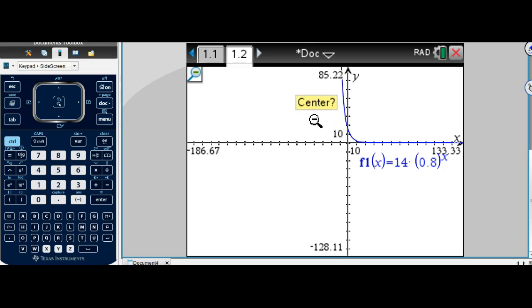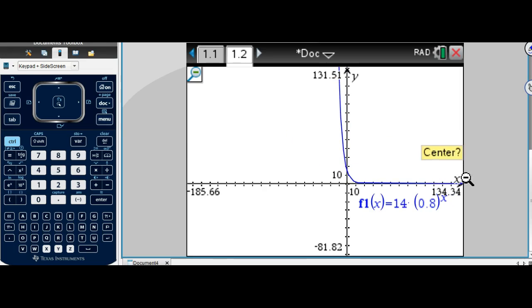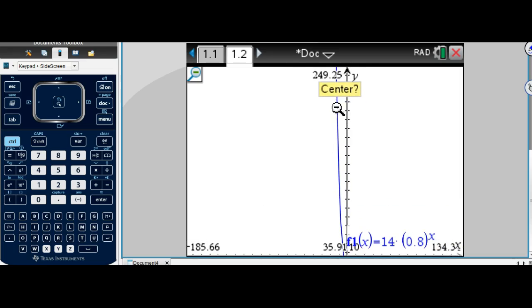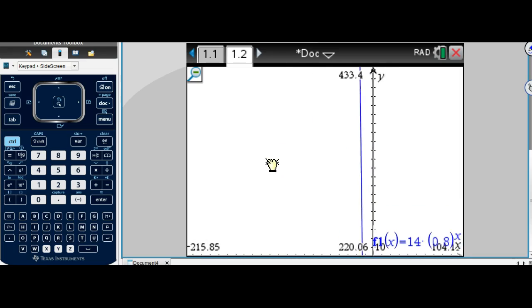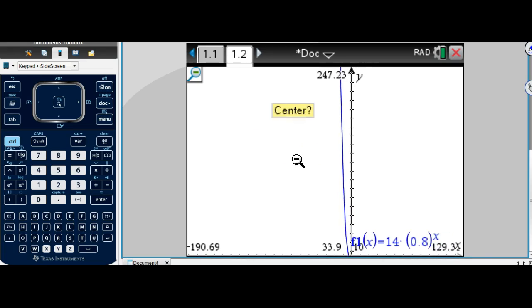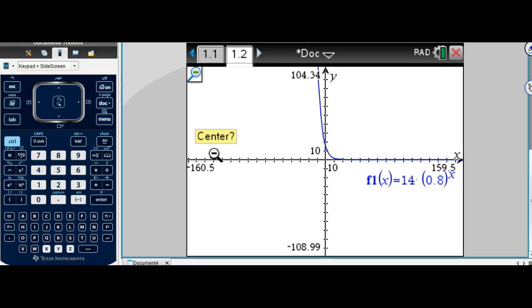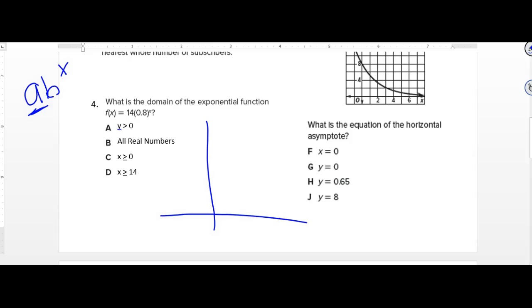Now, it's kind of hard to tell, but this graph keeps going up and over forever. It looks like it kind of stops, but it's going to keep going to the left very slightly forever. So if I wanted to graph it a little bit exaggerated, I could make it look like this.